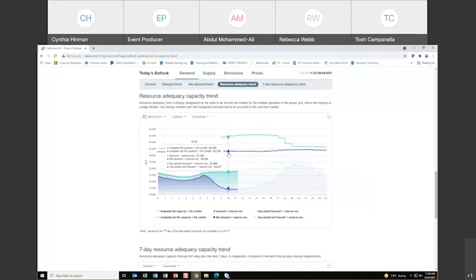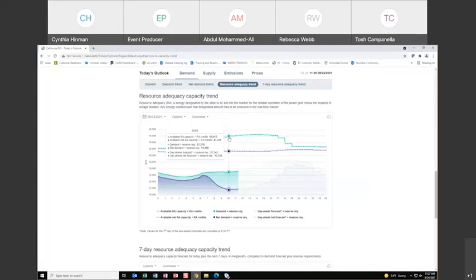Okay. So then when you look at this green or teal dash line on the top, does that include all wind and solar, or just the RA wind and solar? Does it include the energy only wind and solar production profiles, or just the ones that have been shown for RA and are fully deliverable?